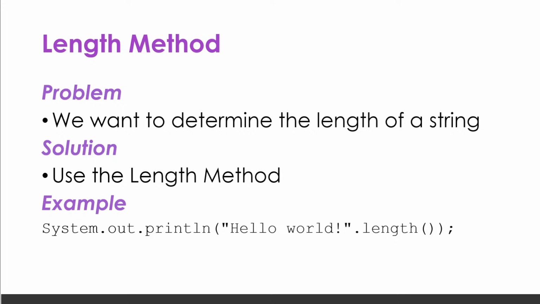And so there is the length method. If I want to know how long a string is, if I want to know how many characters are in a particular string, I can use the length method to figure out how many characters are in my string.